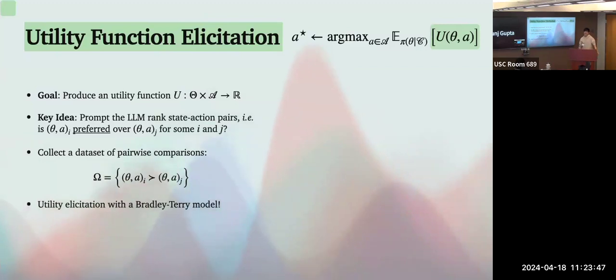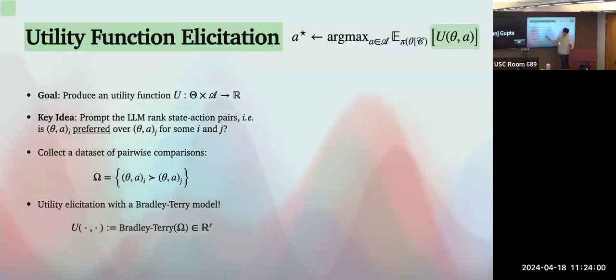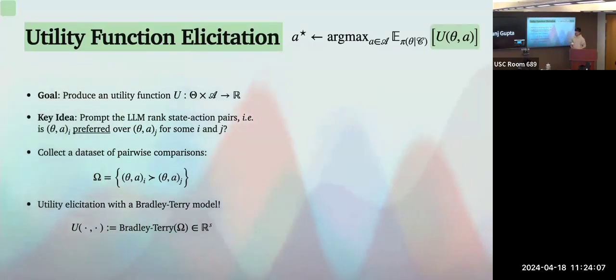So we're getting back into the RLHF step, but this is how the Bradley-Terry model was originally used. We're going to fit this set of preferences into the Bradley-Terry model, and it's going to give us a vector of dimension S, where S is the total number of uniquely sampled state-action pairs that we care about. For example, if we have 100 distinct state-action pairs, this is going to be R^100.